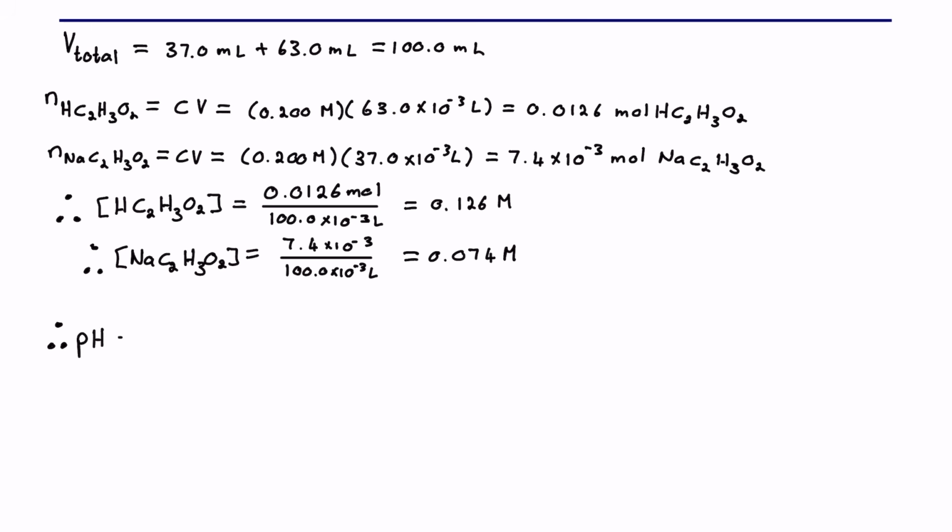Then we can use the Henderson-Hasselbalch equation, which is pH is equal to pKa plus log of the concentration of base divided by the concentration of acid. The pKa is the negative log of Ka.